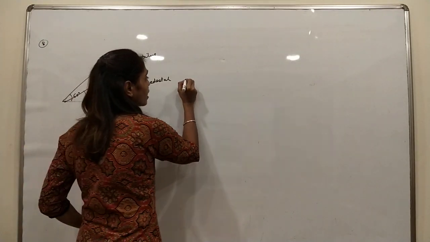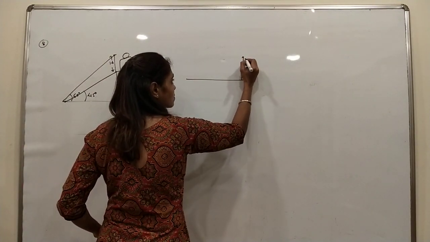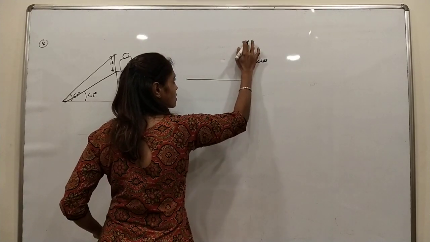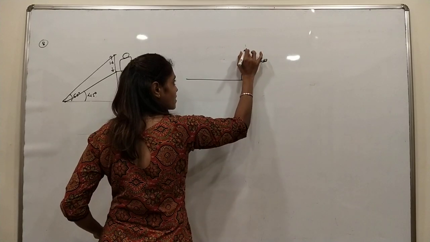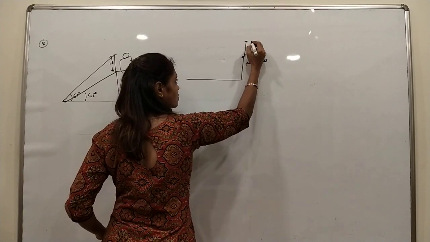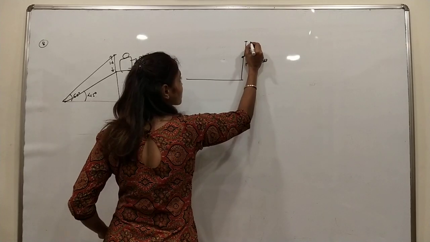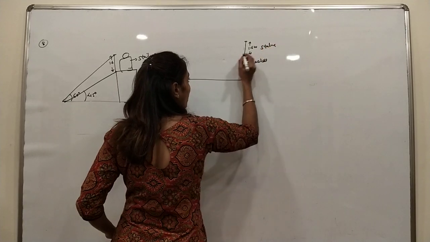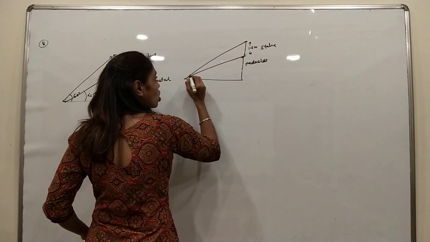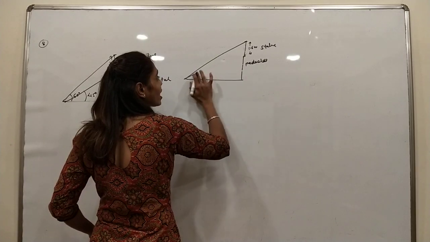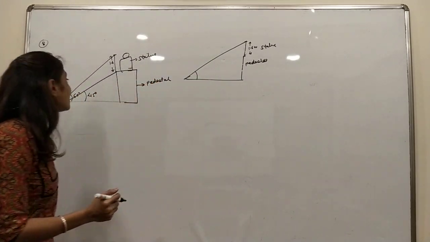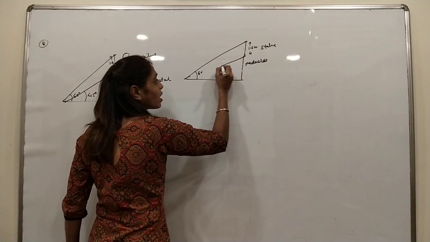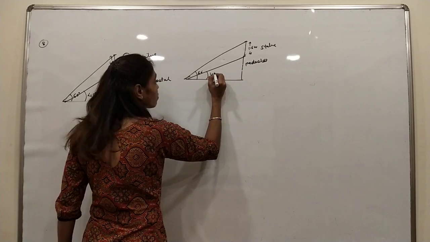Draw any fair figure. This is the pedestal and this is the height of the statue on the pedestal, which is 1.6 meter, and the angle of elevation of the top of the statue is 60 degrees, and from the same point the angle of elevation of the pedestal is 45 degrees.